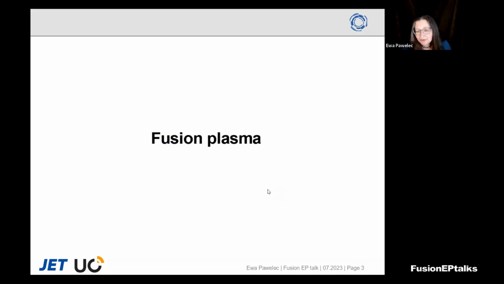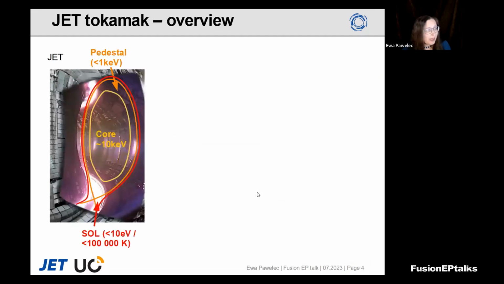So let's start with the fusion plasma and where do we find those molecules at all? Here is the cutoff of JET, and you can see that in the visible range, it's not much that we see really during the JET pulse. The light is only concentrated in the divertor region, slightly up, and sometimes very close to the walls. And that's more or less also where we can find molecules, close to the walls.